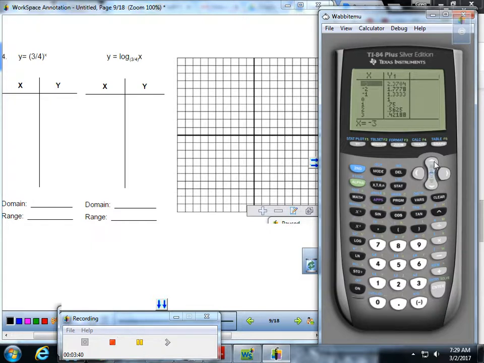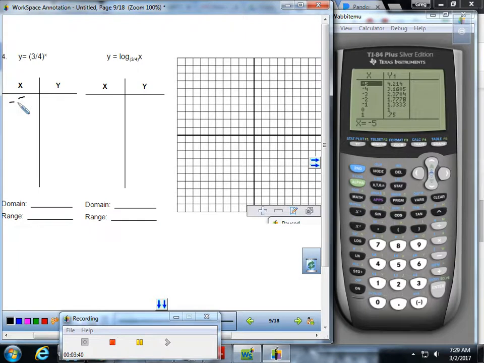So here's the ones that I'm going to pick. -5, 4.2. Sorry if I'm in your way. And then I'll do -3. I'm just going to skip around a little bit so I give myself some space. 2.3. -1, 1.3.